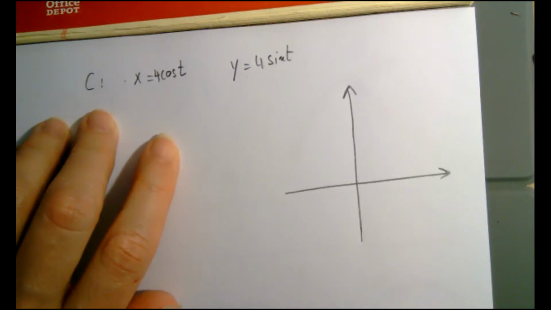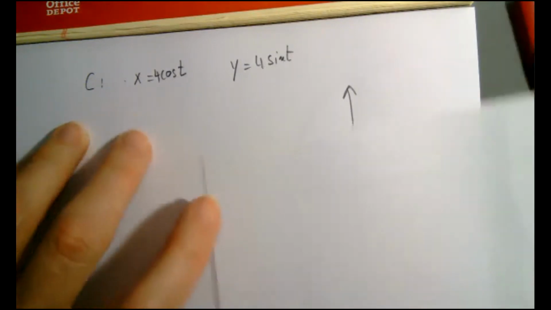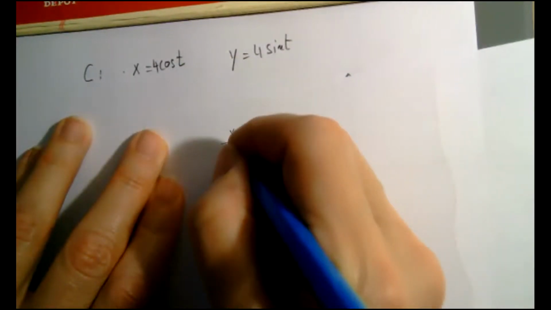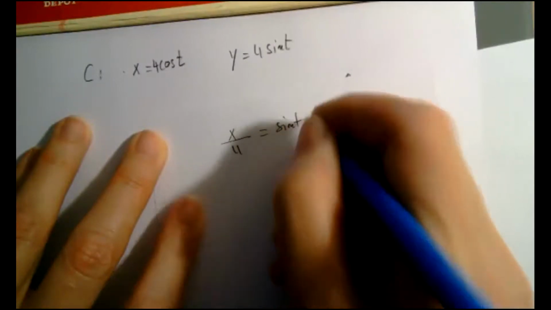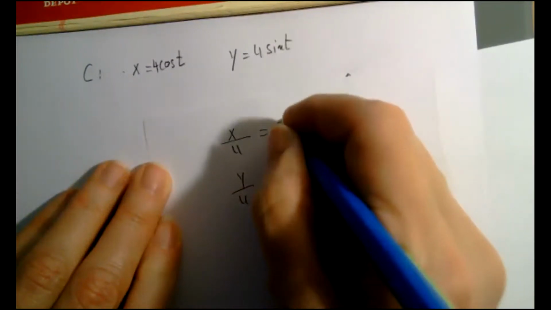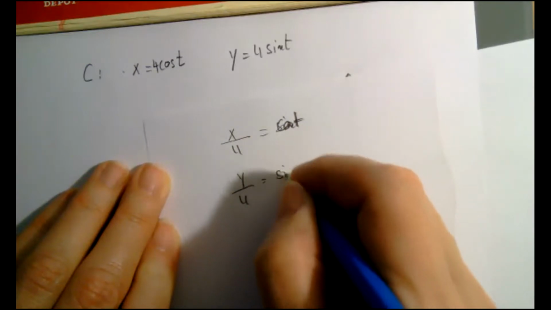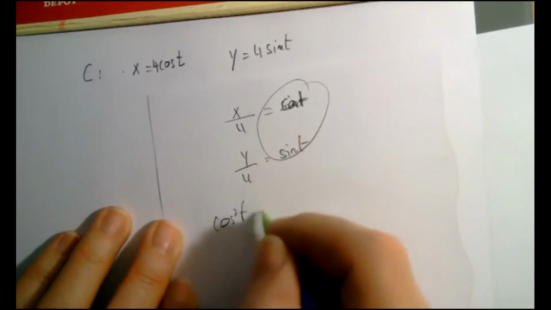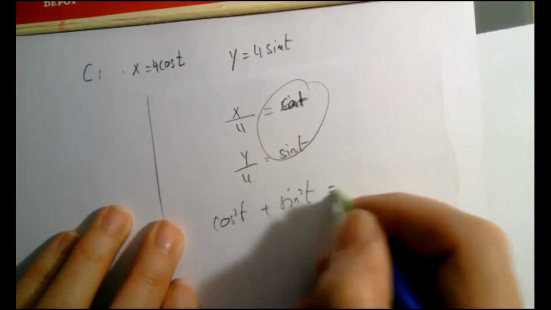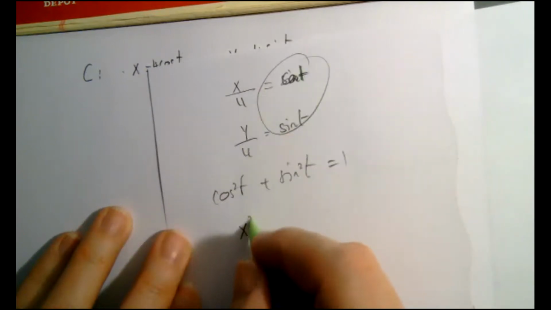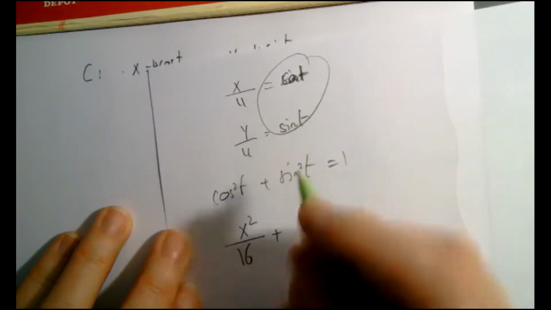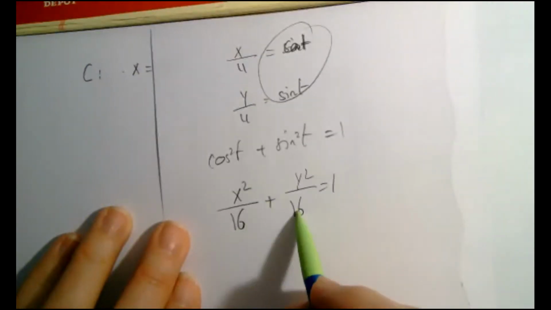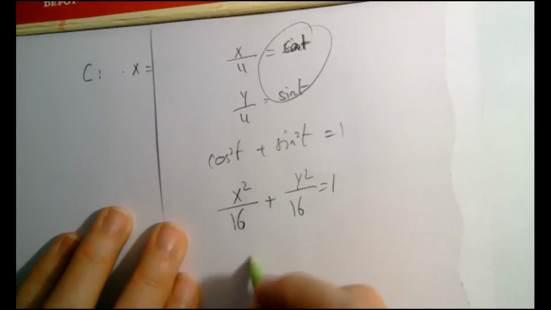Let's remember, a circle, because if we isolate the x, like what we did yesterday, we got x over 4 equal the cosine, y over 4 is the sine. And then we use the trig identity, cosine square plus sine square equal to 1. Cosine square is x squared over 16. Sine square is y squared over 16. It looks like an ellipse where the a and b are equal. We multiply by 16.